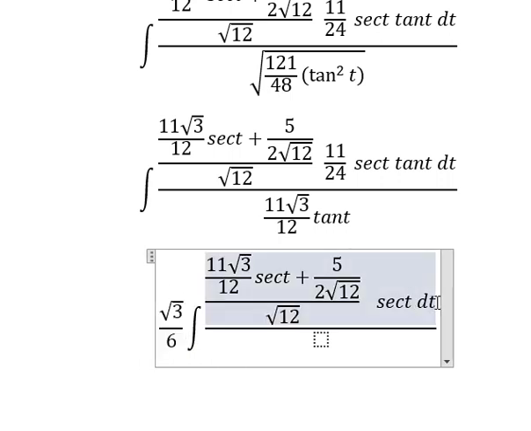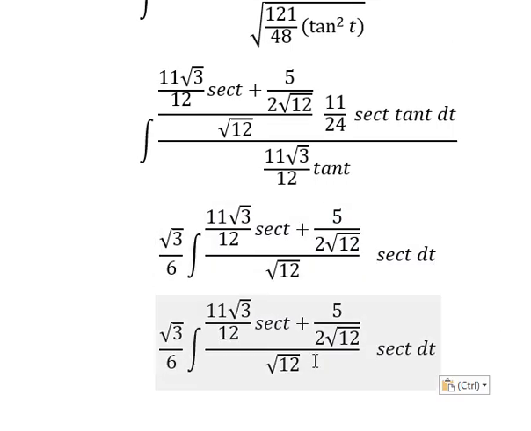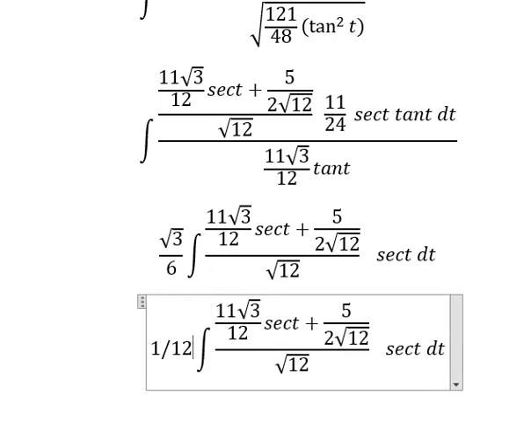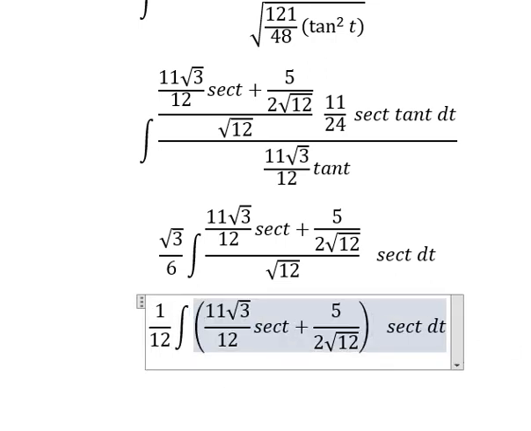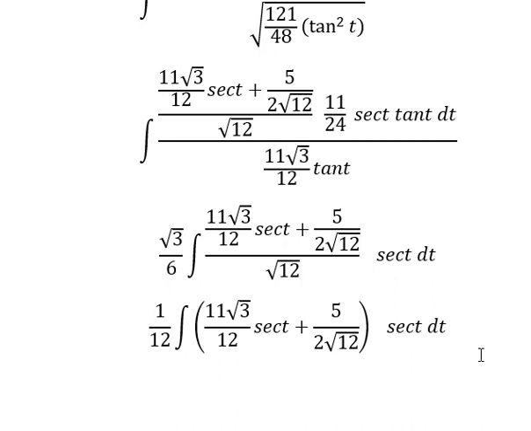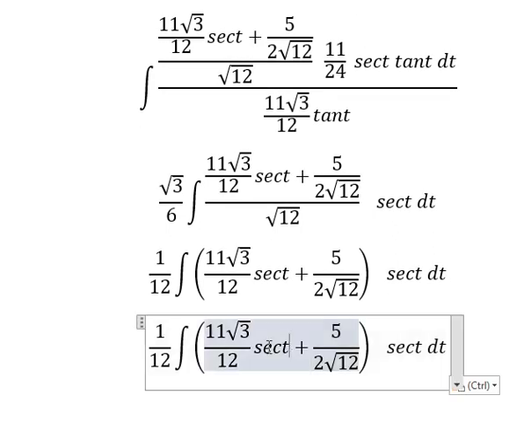So we can simplify like this. And now the square root of number 12 go outside, and we have 1 over 12. So secant of t multiplied by this one and this one.